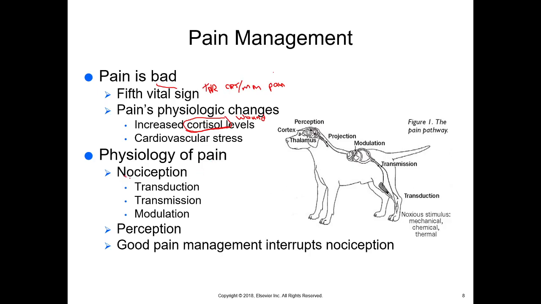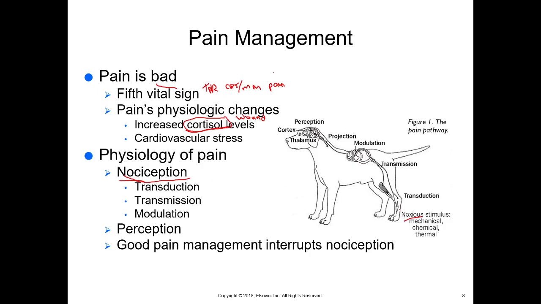Well, first, we have nociception. Nociception is the receiving of information from nerve cells that there is a painful stimulus. So nociception is recognizing a painful stimulus. The noci part of this comes from noxious stimulus.